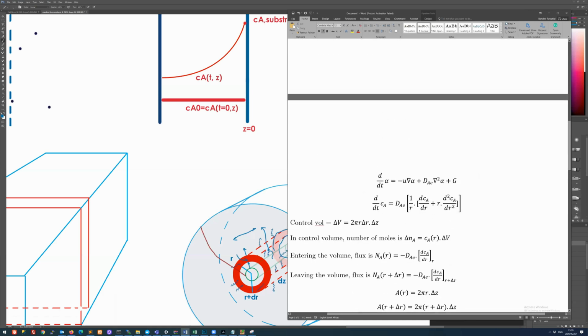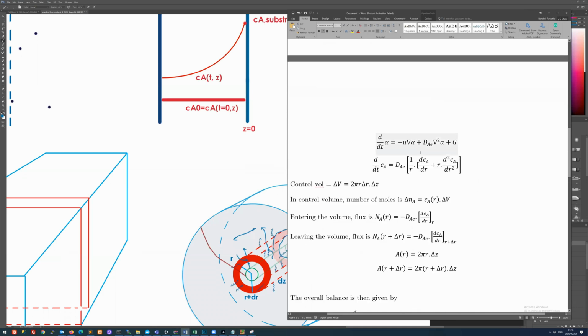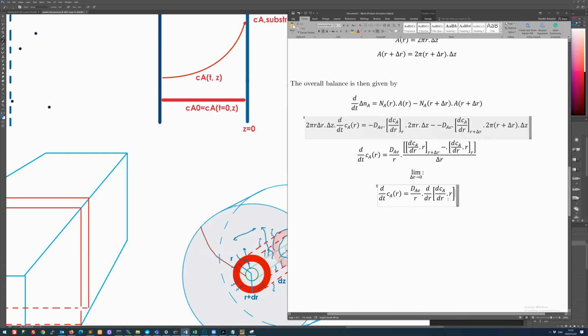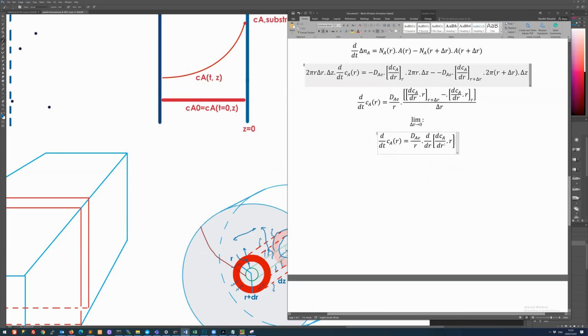If you go back and look at what we did when we used the generalized balance, we went straight ahead and differentiated this out. That was totally unnecessary. I don't know why I did that, because now I've kind of messed up what I was trying to show there.